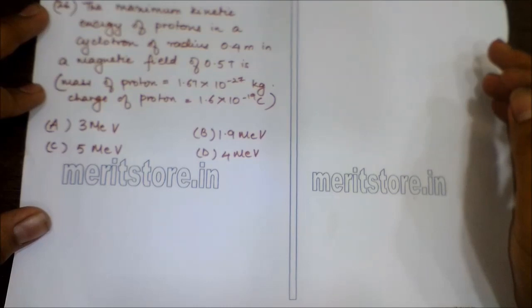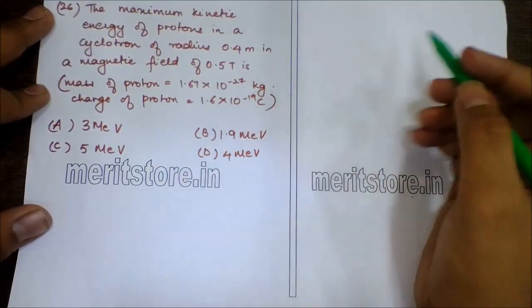Question number 26. The maximum kinetic energy of proton in a cyclotron of radius 0.4 meter in a magnetic field of 0.5 Tesla is. So mass of the proton and charge of the proton are given.